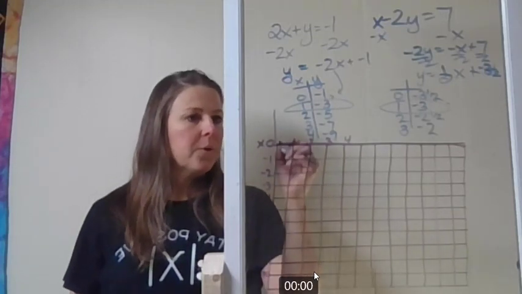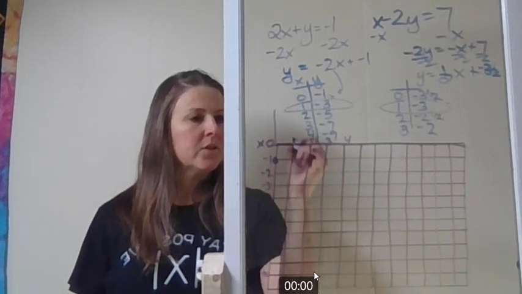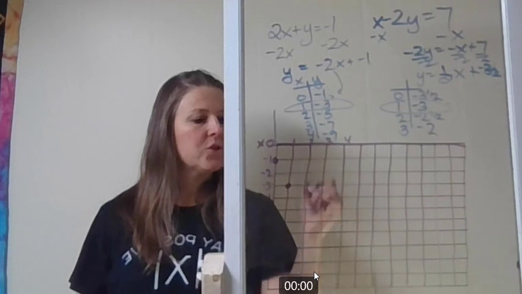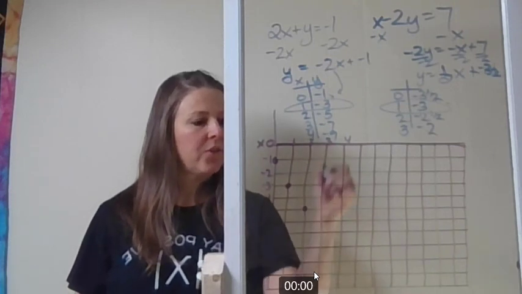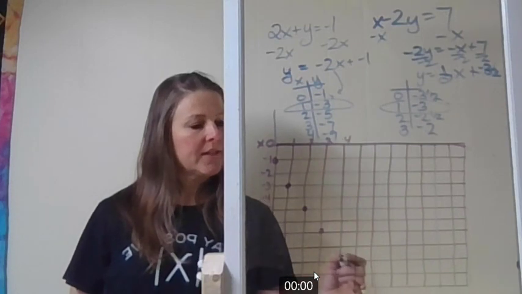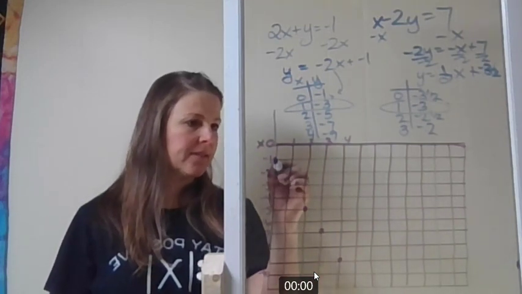All right, so this first equation, 0 is -1. 1 is -3. 2 is -5. 3 is -7. And 4 is -9. Connect the dots.